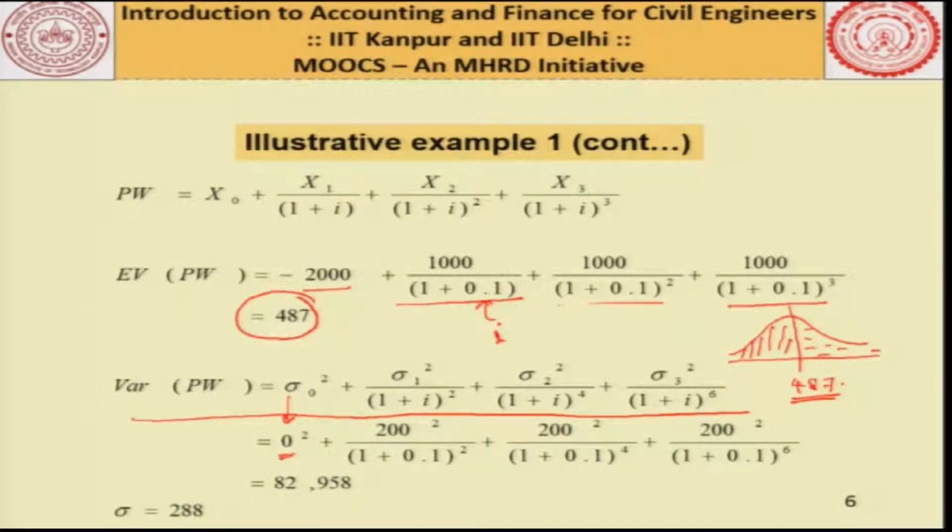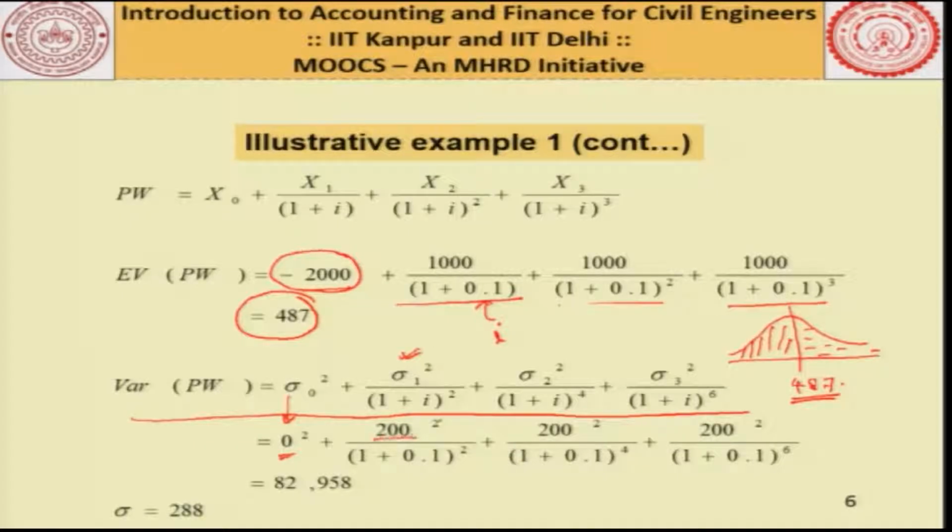Now, you will find that sigma naught square is 0. Why? Because this 2000 is a fixed value, it is not going to change. So, if there is no variation in any amount, the variance is going to be 0. This is a constant. So, the variance associated with that is going to be 0, but it is not the case with other values at different points of time. There, if you remember, the variance for year 1 was given to be 200.